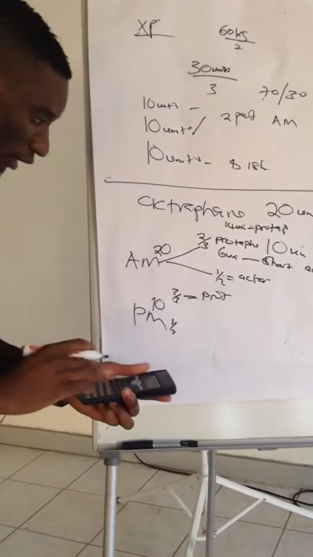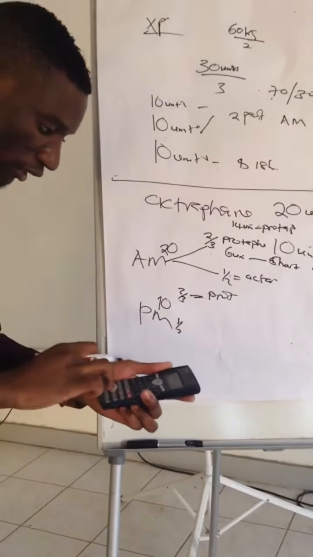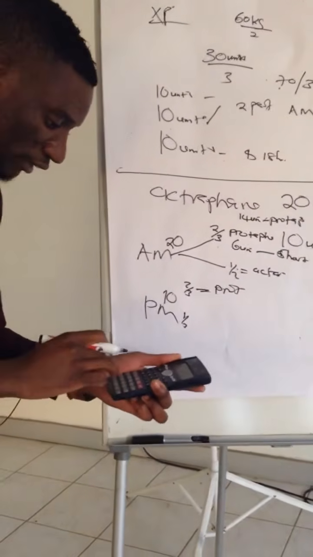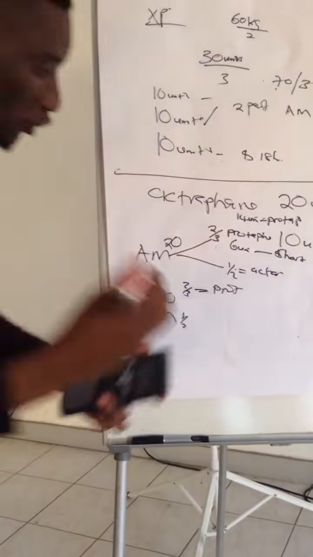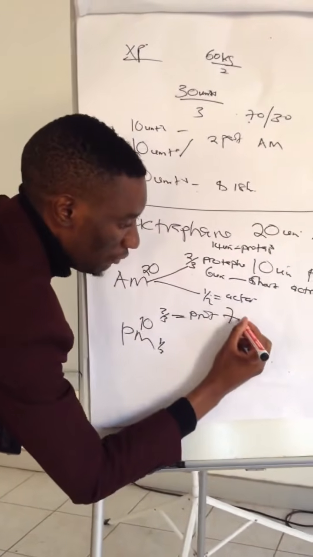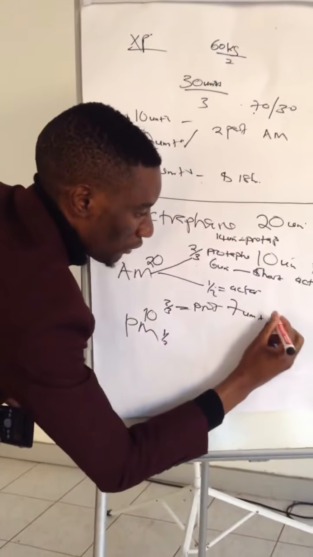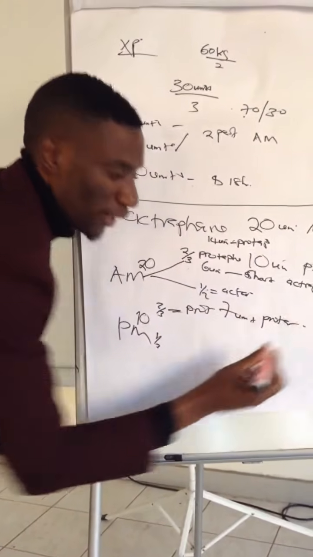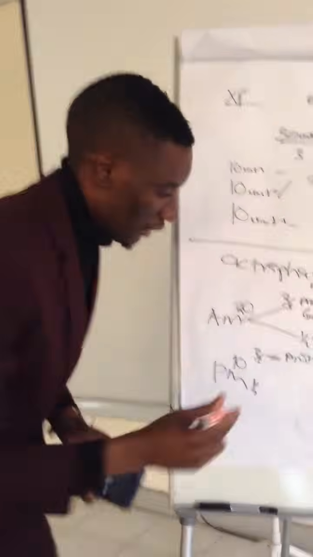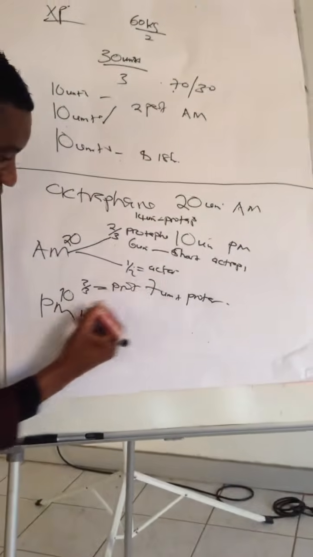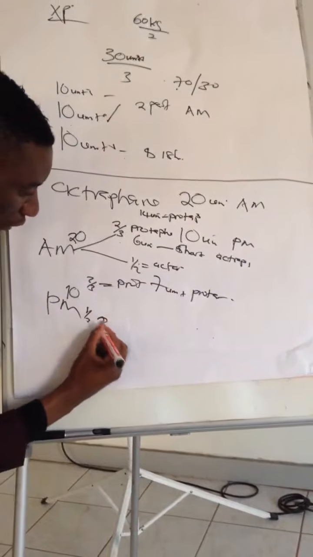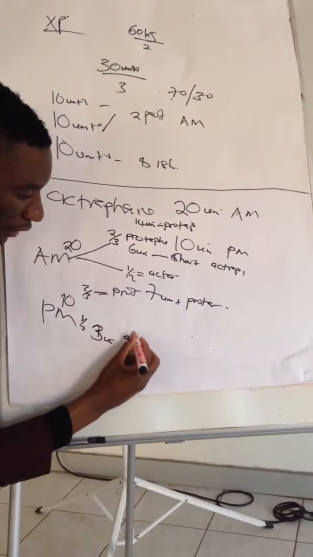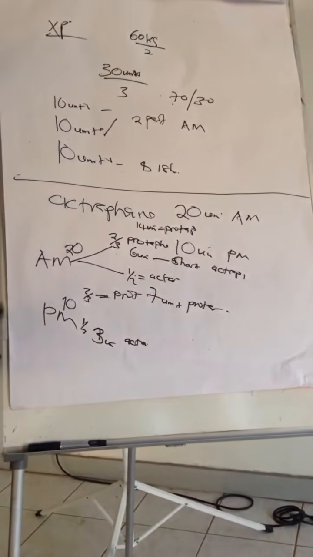So you simply do 2/3 times 10, and we have 7 units. I've just rounded off, so they get 7 units in the evenings of Protofen, the intermediate acting. Then the 1/3 is simply 3 units. So the remaining 3 units will be the Actrapid, the short-acting regimen.